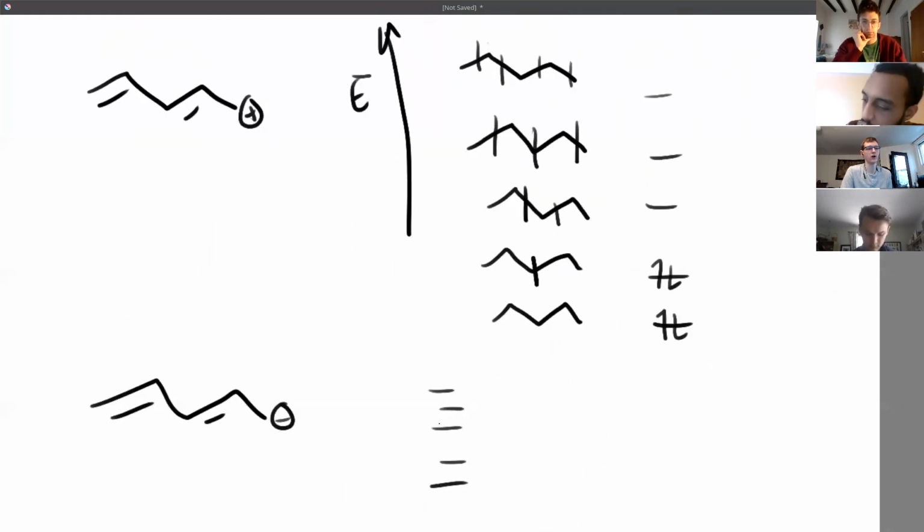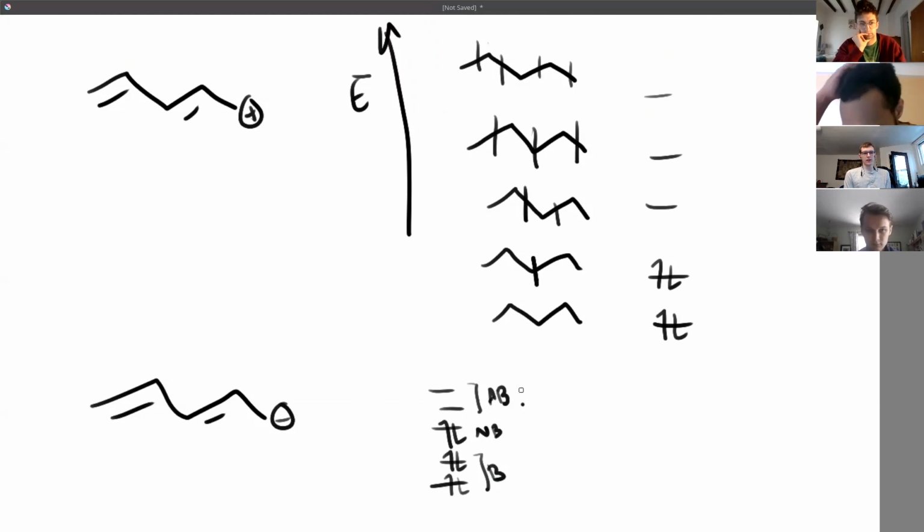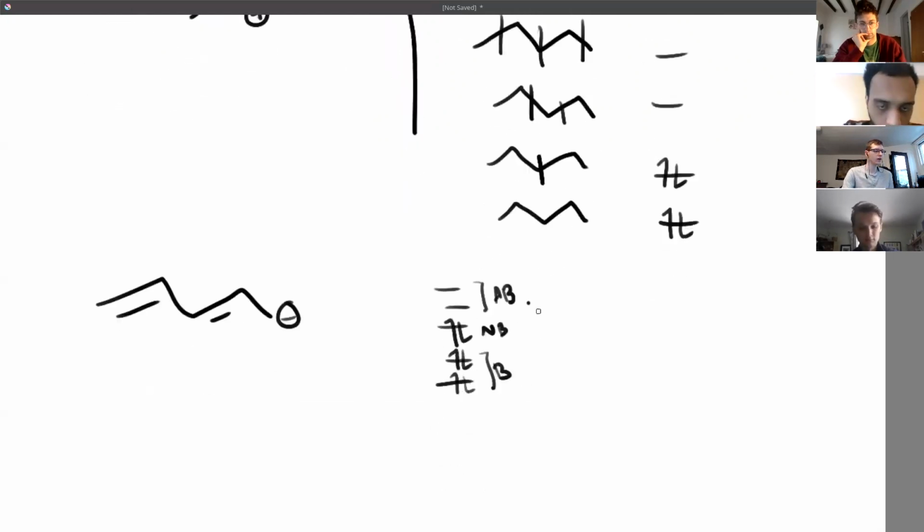I'm not going to draw out every molecule again, but we would have 6 electrons. And so this is bonding, non-bonding, and anti-bonding, like that.